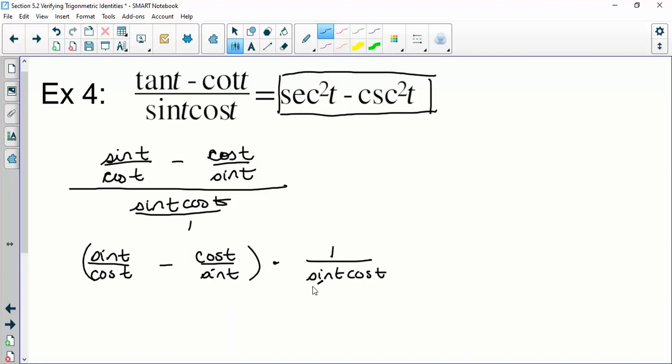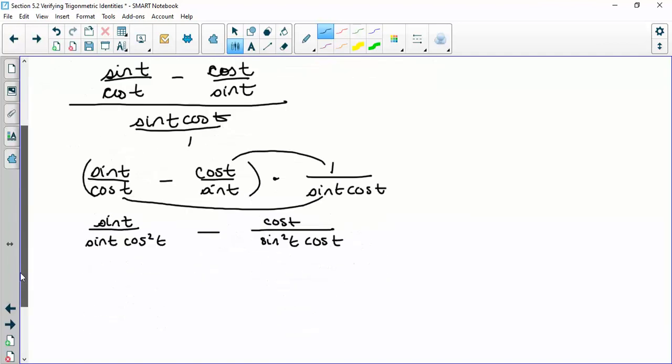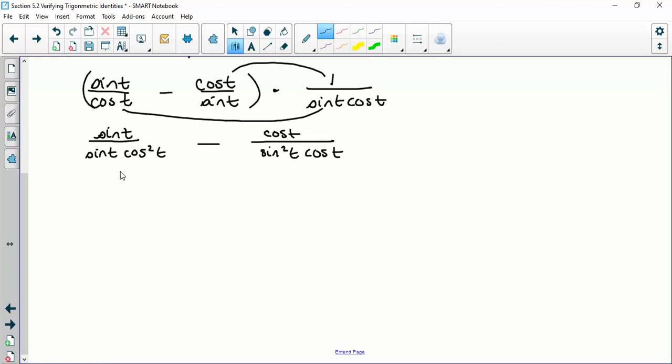Distribute. Okay. If I multiply these, on the top I would get a sine. On the bottom I have a sine, cosine squared. These, the top will give me a cosine. The bottom would be sine squared cosine. Okay, right now it looks like things have gotten uglier, but actually we are in good shape.